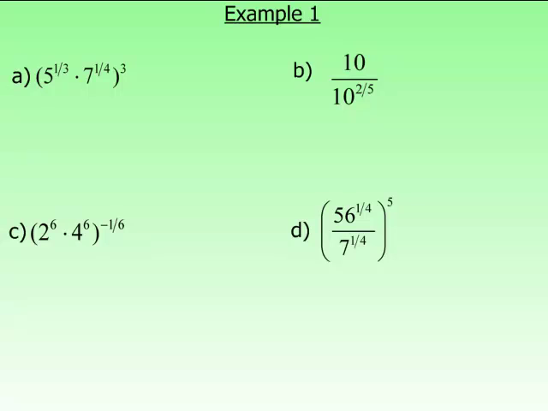So in my first example, I have 5 to the 1/3 times 7 to the 1/4, and that's all to the third power. So the first thing I want to do, well, there's more than one approach here, but notice that these have different exponents, and then I have a 3 on the outside here. Well, I'm going to go ahead and use the power of a power property here.